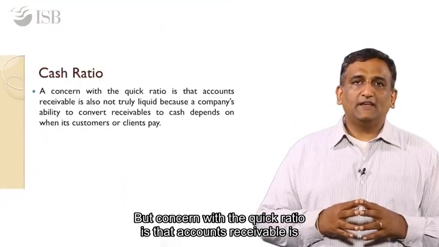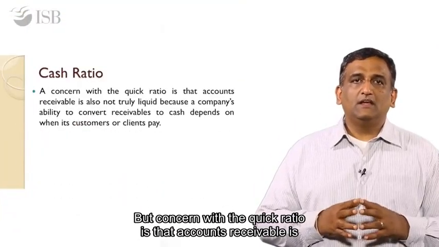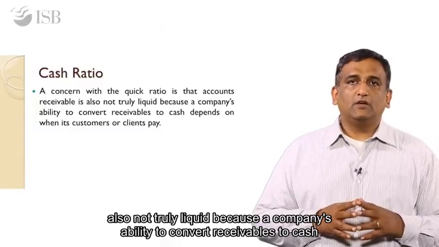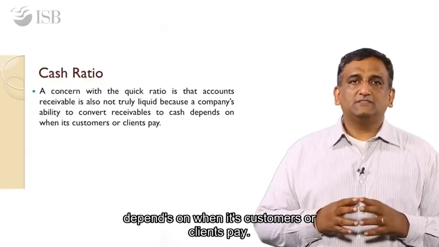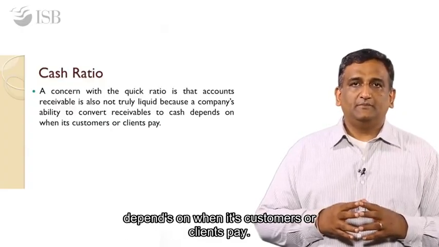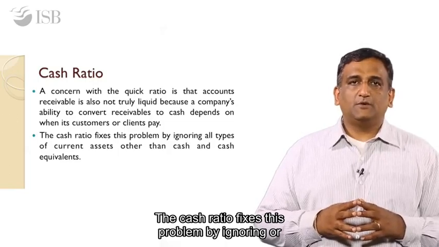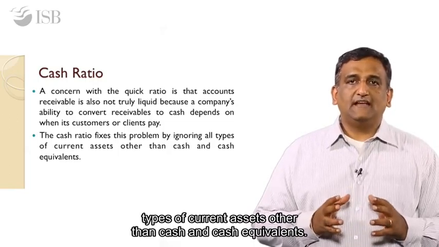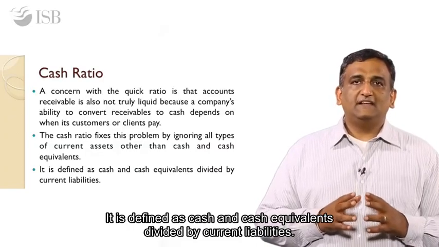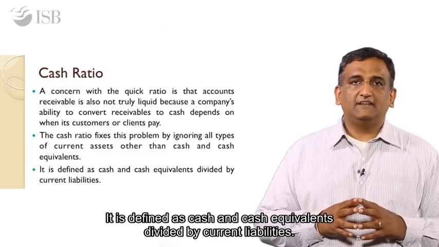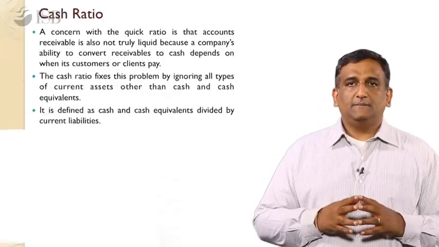A concern with the quick ratio is that accounts receivable is also not truly liquid because a company's ability to convert receivables to cash depends on when its customers or clients pay. The cash ratio fixes this problem by ignoring all types of current assets other than cash and cash equivalents. It is defined as cash and cash equivalents divided by current liabilities.